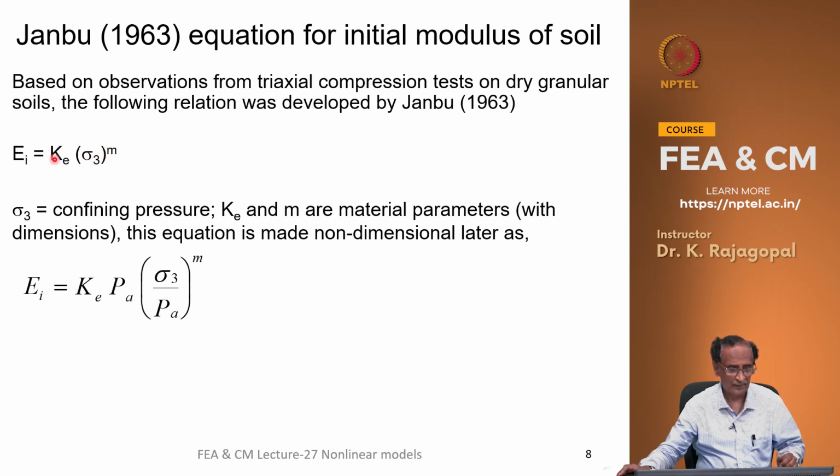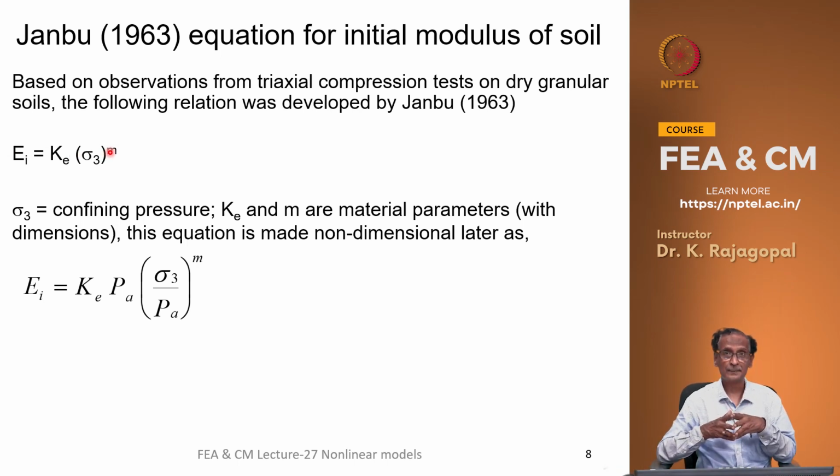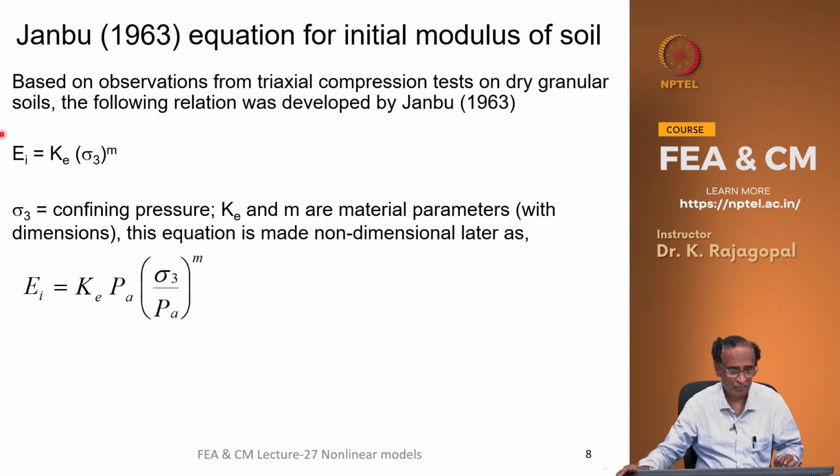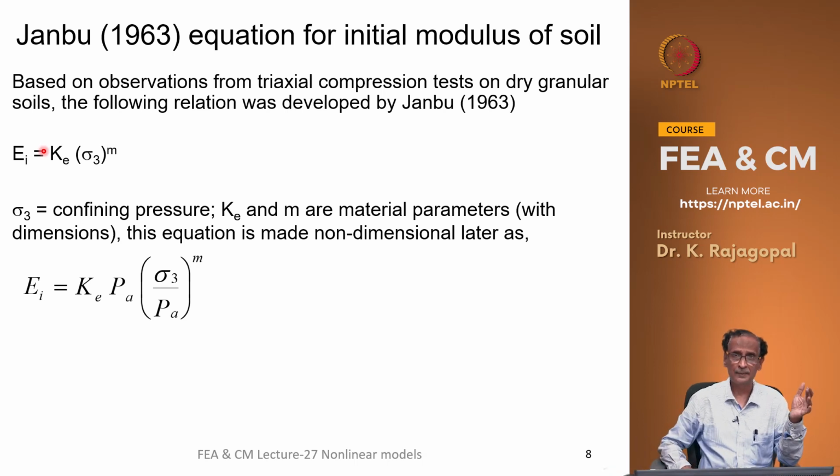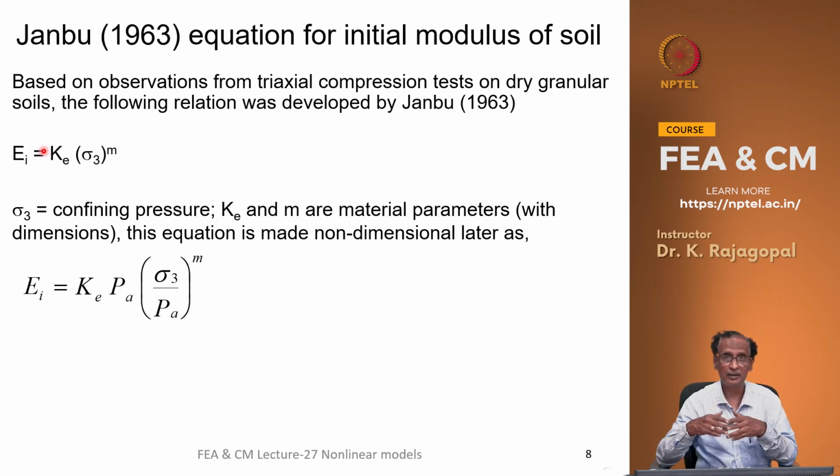So, these Ke and m have to have some units, because our left hand side and right hand side should have the same units. So, this particular equation actually depends on the dimensions that we use. The K and m are not absolute constants, but they depend on the dimensions that we use.